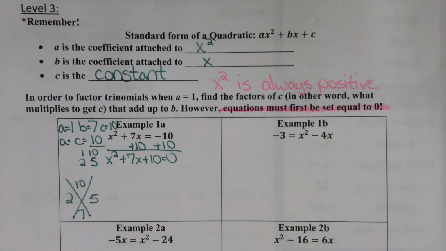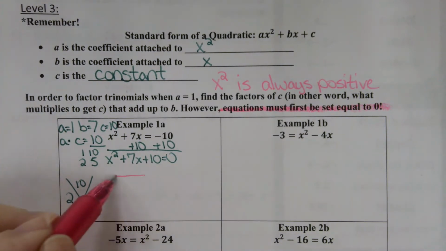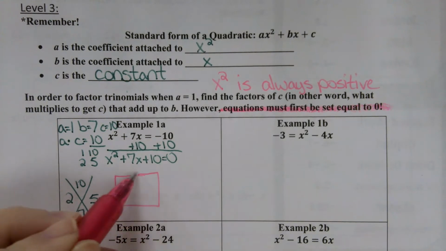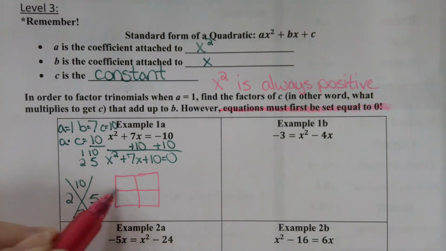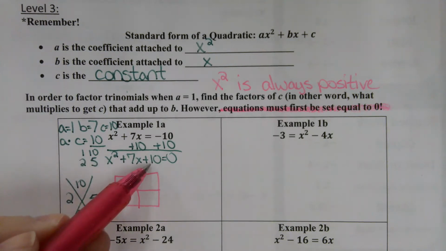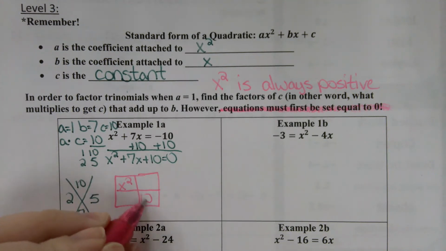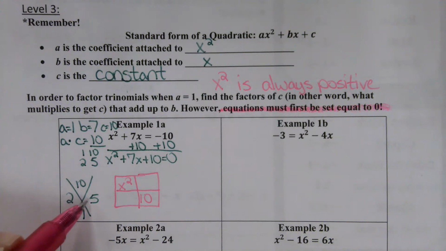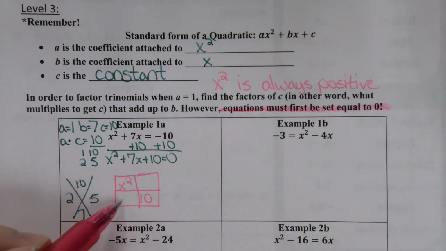So when I draw my box, the first term, which was x squared, will go in the first box. The last term, which was 10, will go in the last box. And then 2 and 5 will be in these final 2 boxes with an x behind them.